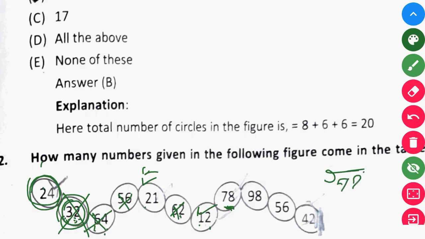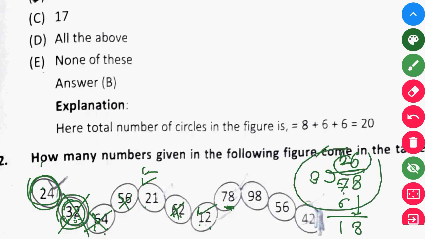Now you can confirm, if the remainder is 0, then it will definitely come. 3 2s are 6, 1 will be the remainder and 8 will come down. 3 6s are 18, 26 3s are 78. So it is definitely there in the table of 3.